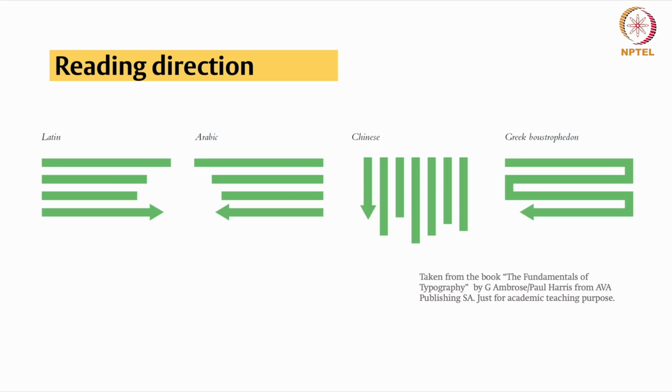Also, because navigation is from left to right, readers often look at the top left corner first, so important information or headings are placed there. So in the case of Latin, most probably the important content will come in the top left corner.